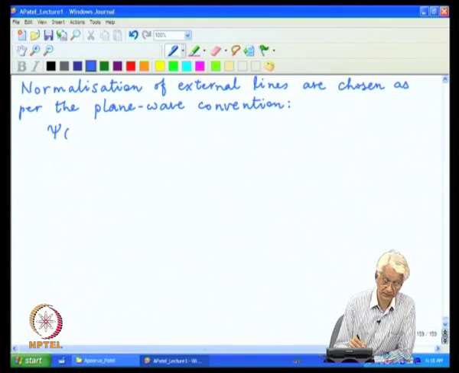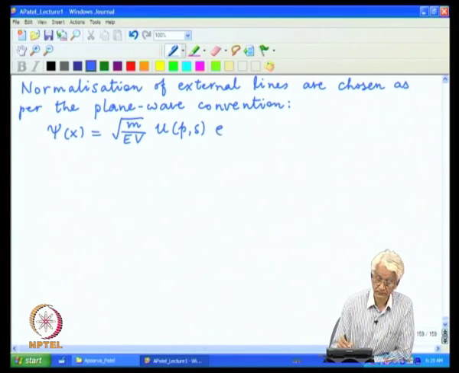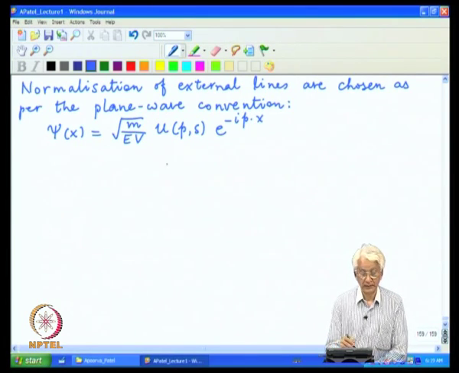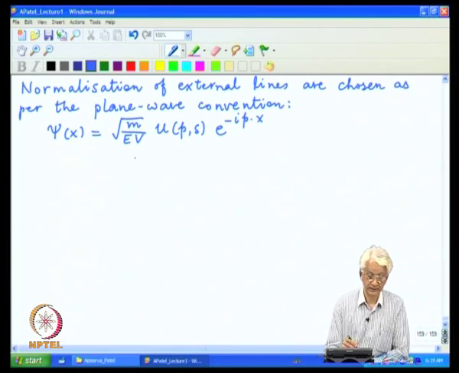In case of fermions, it is a structure which is of the form square root of m over E, which normalizes according to the Lorentz contraction factor.